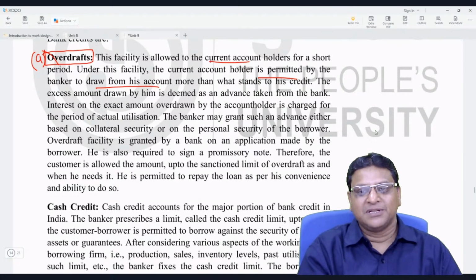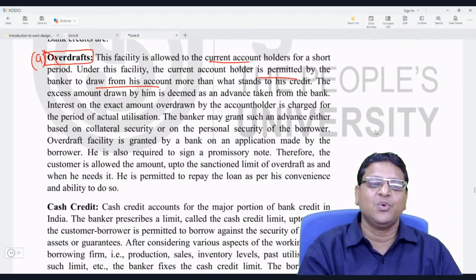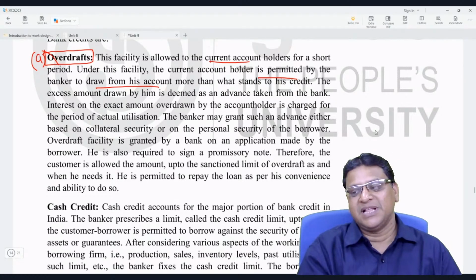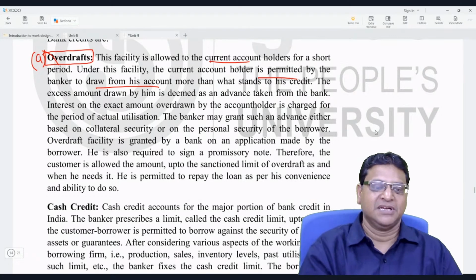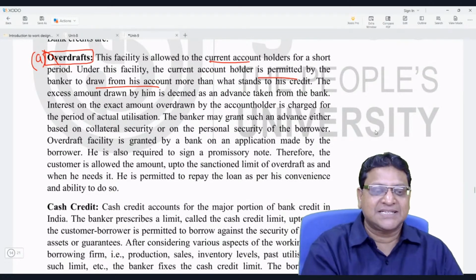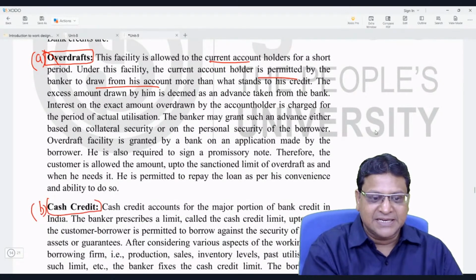The banks provide overdraft facility only to current account holders. But there is a limit of overdraft. That limit is known as OD limit or overdraft limit. Next one is cash credit. It's another way of providing bank credit.